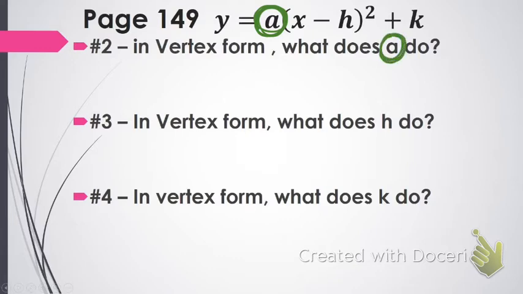When we see a number out there, what will that value in that spot do to my graph? Reflect, compress or stretch. Yes. It will reflect it over the x-axis if it's negative. Compress or stretch? Yep.